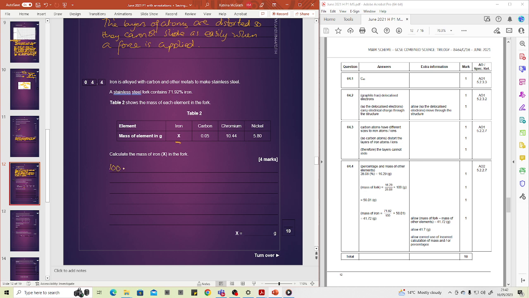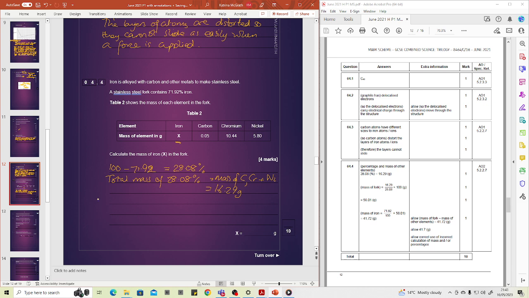So 100 minus 71.92 equals 28.08%, and the total mass of 28.08% equals the mass of C, Cr and Ni added together equals 16.29 grams.